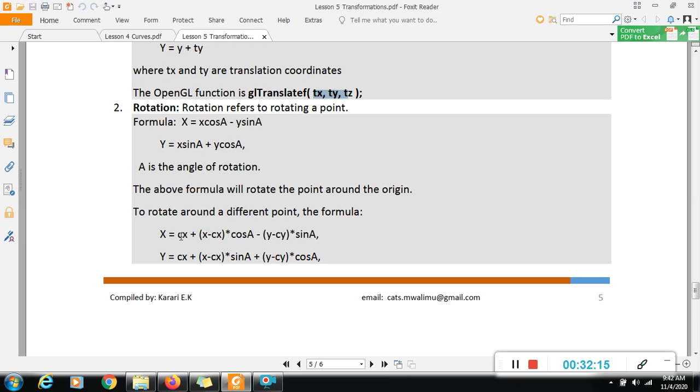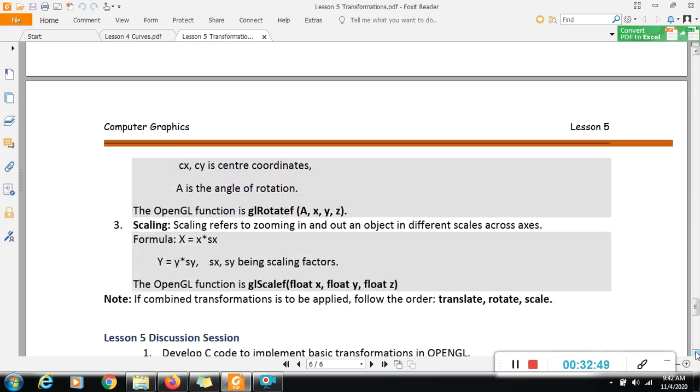In other words, we reference the point with regard to the change of the point x, by how much it increases with the rotation angle, so that we are able to reference this point with the point x with regard to the change which is taking place. So if we do it around a different point, aside from the origin, the formula becomes this. Those are rotations.